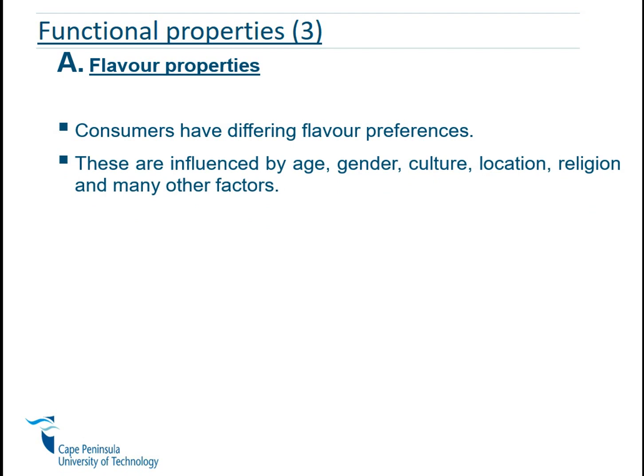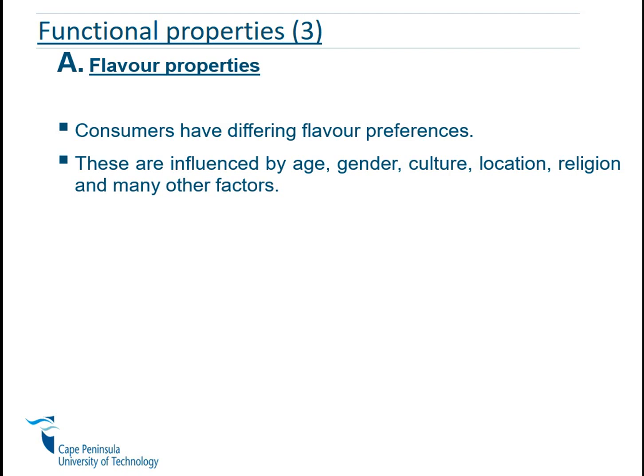And I also think that perhaps more than any other property, flavor is a matter of personal preference. I agree deeply, because flavor is influenced by things like your age, your gender, your culture, the location where you are, the religion, and many other factors, right?